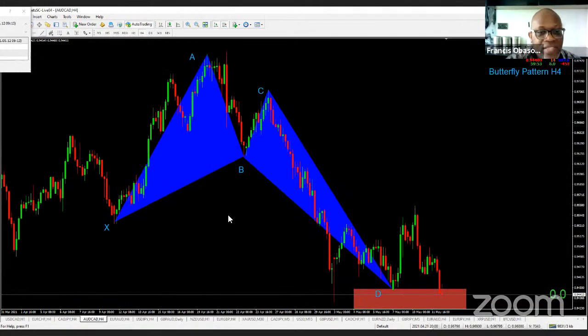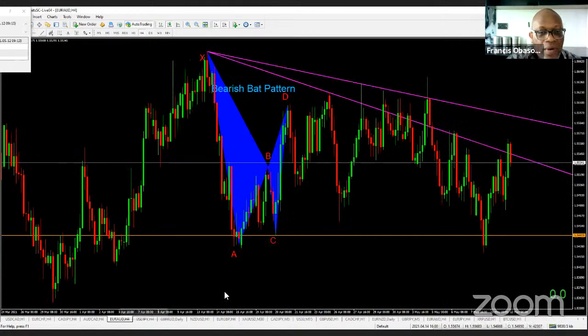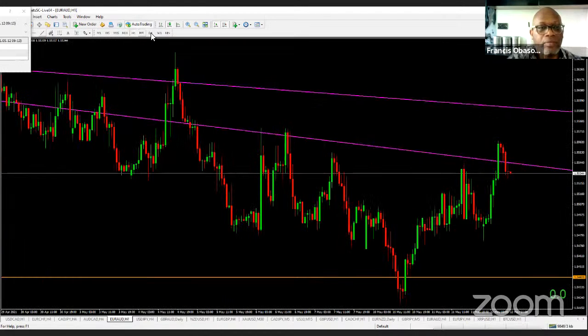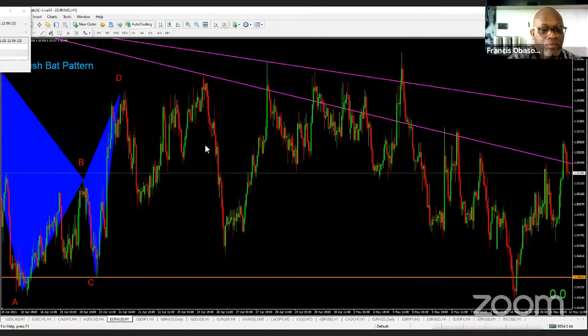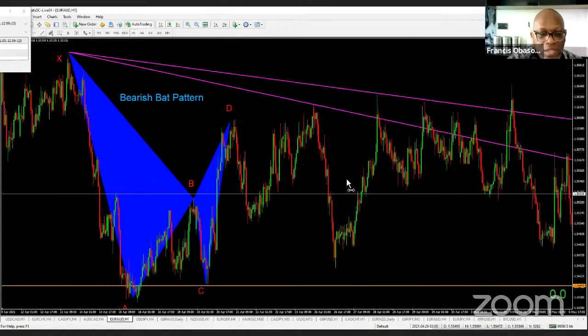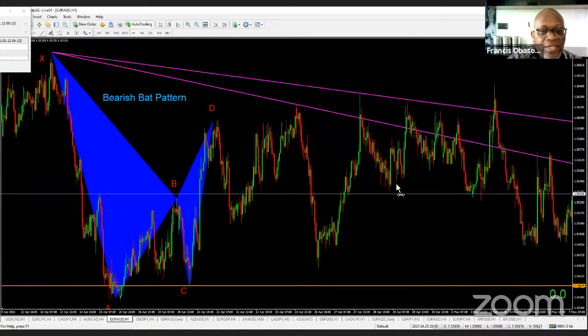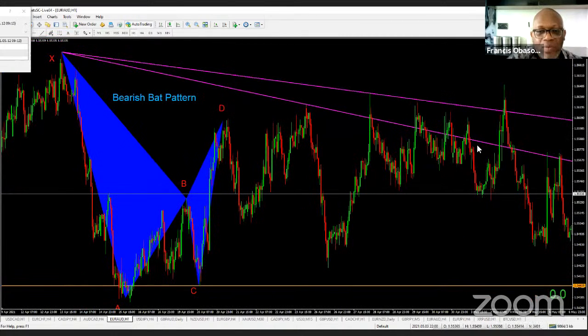Now we've got another one. This is Aussie dollar, Canadian dollar. We've got another one, Euro Aussie dollar. This is a bearish bat, and as you can see, it played out well. It played out beautifully.